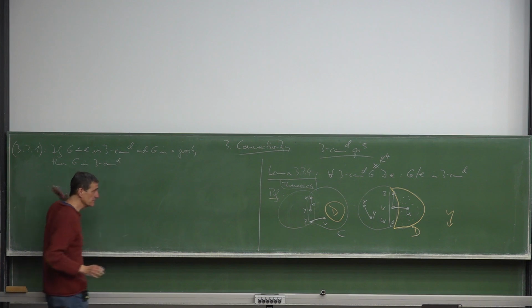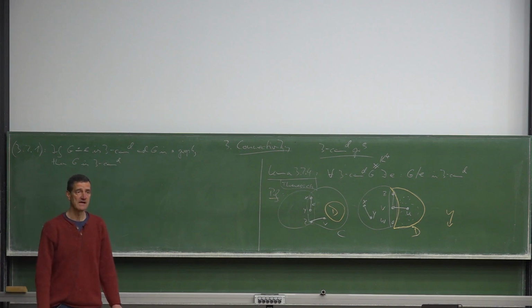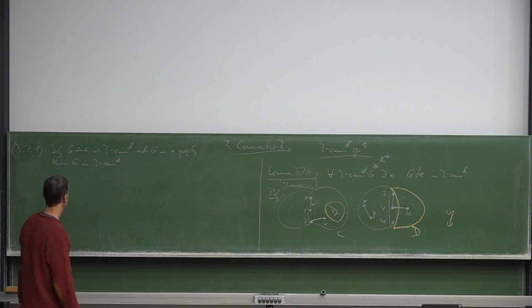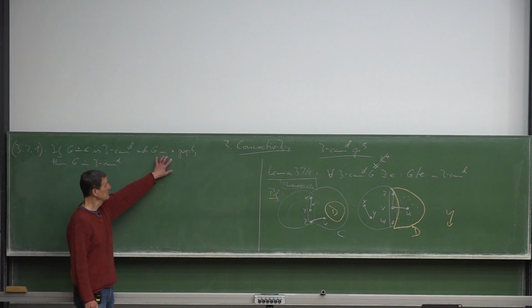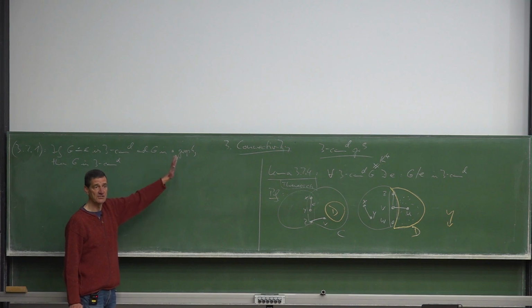Right? It's sort of the way up, as we had it with contraction as well. If the smaller graph is 3-connected, then undoing the deletion keeps us 3-connected. And here we have to assume that after undoing this, we don't have parallel edges.